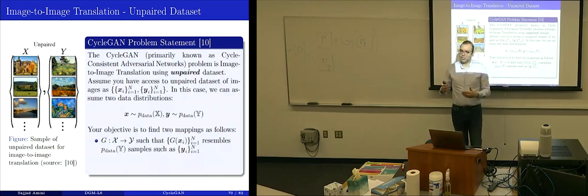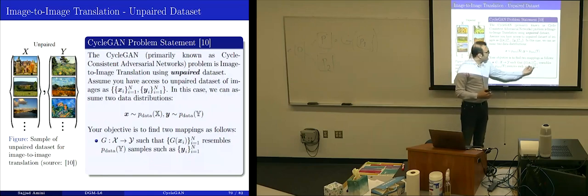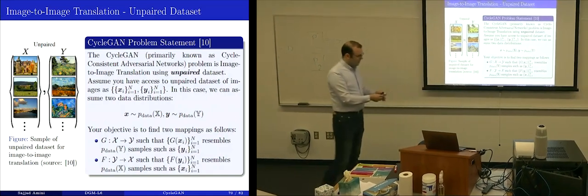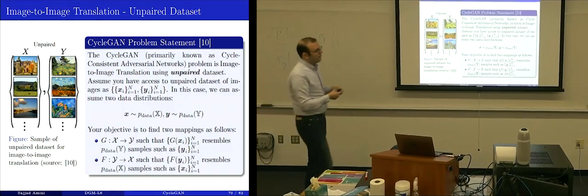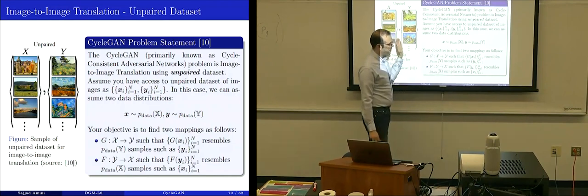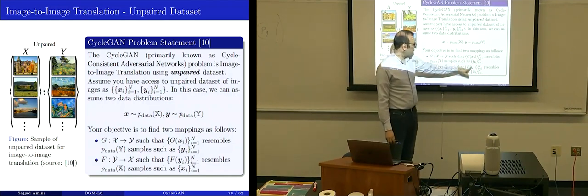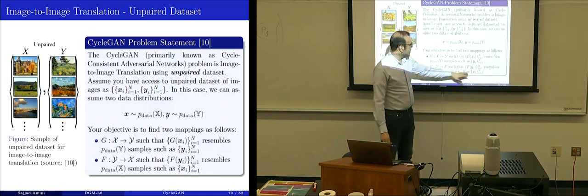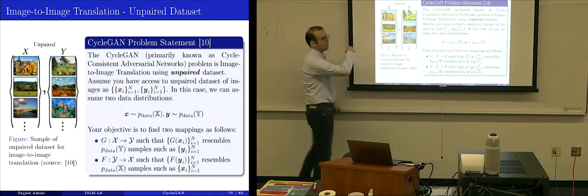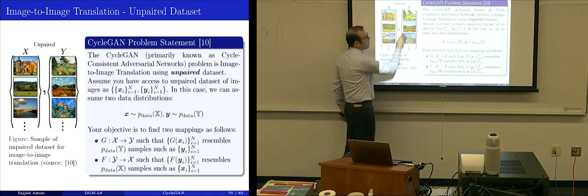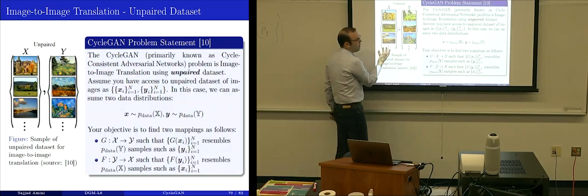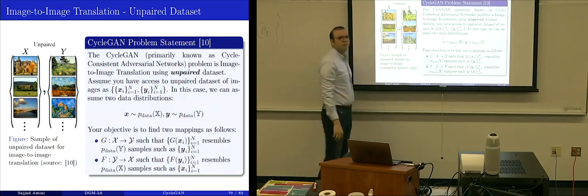You have the unpaired data set, so you have xi and yi. And on the other hand, you have a mapping F such that when samples from the Y random vector pass through that F, the resulting data resembles p data of X. It means that from the other side, if I pass a painting from painter number 2 through the mapping F, the resulting image is something similar to painter number 1.